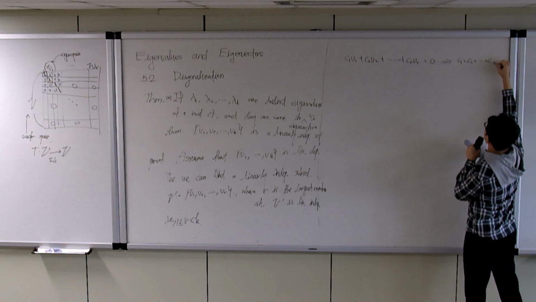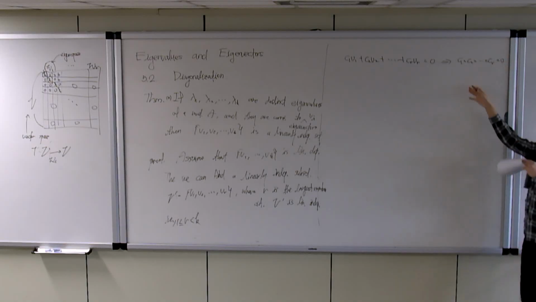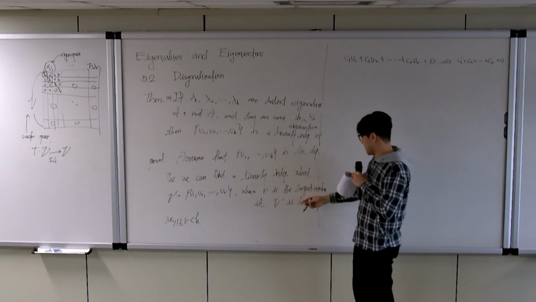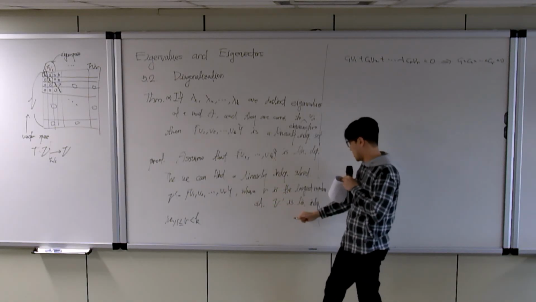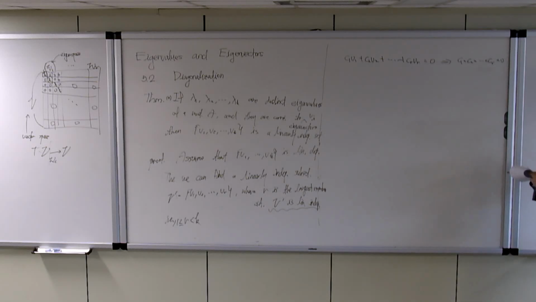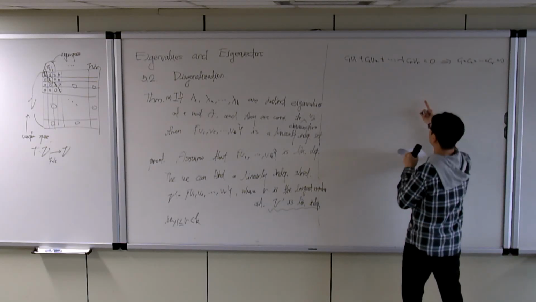And we defined the vi's to be eigenvectors corresponding to lambda i.